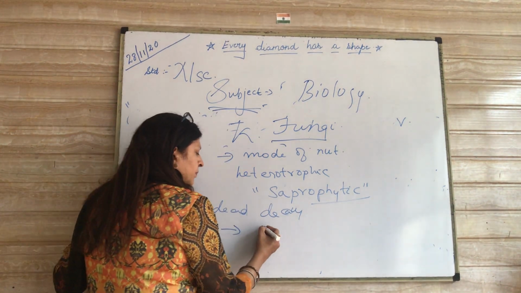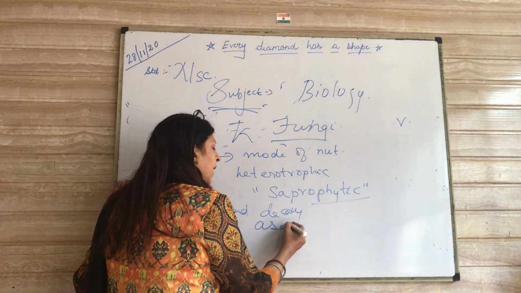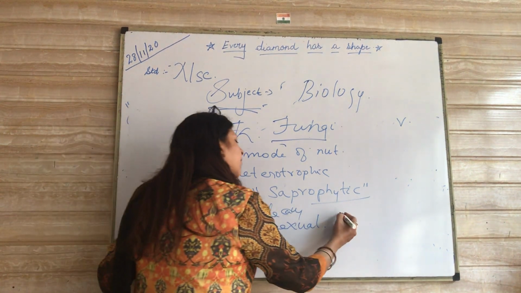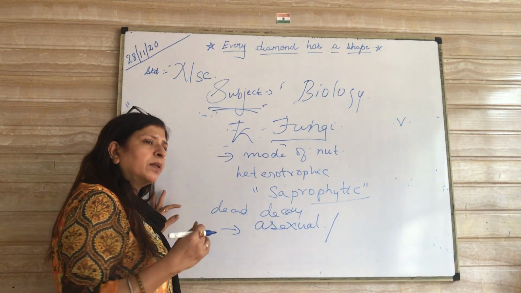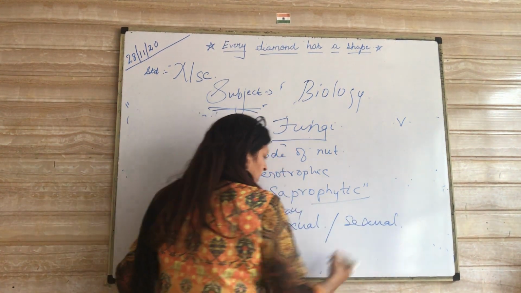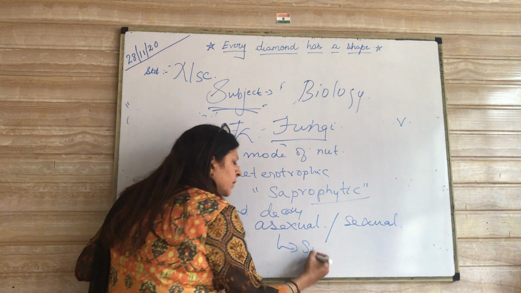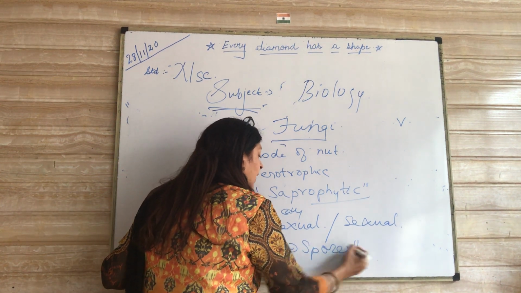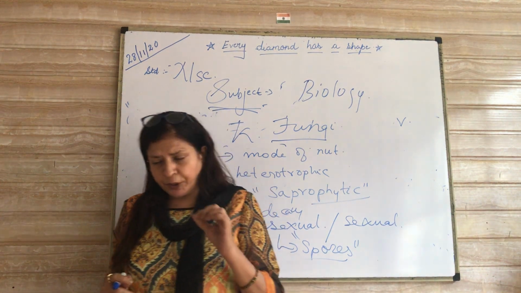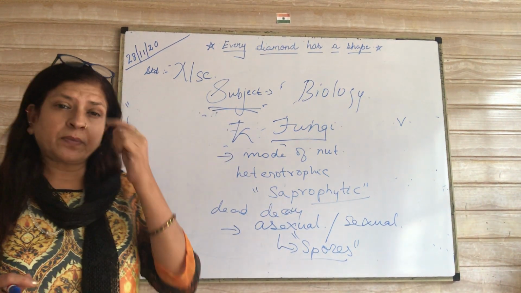They reproduce mostly by the asexual method, and when conditions are unfavorable, they go with the sexual method. I'm sure you would have heard the term spores. They reproduce by spores.